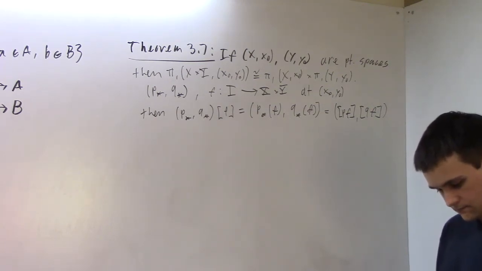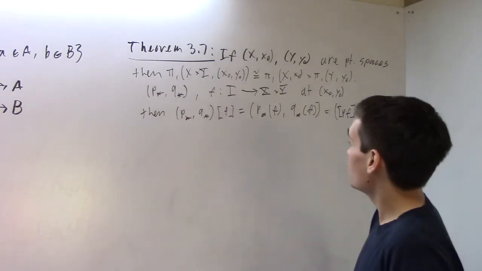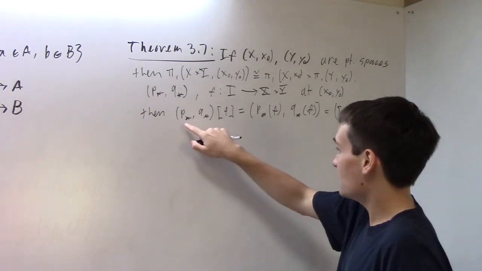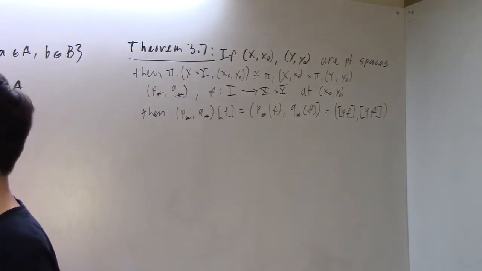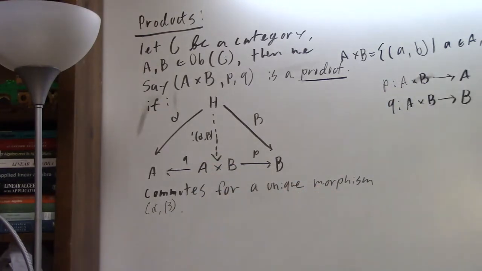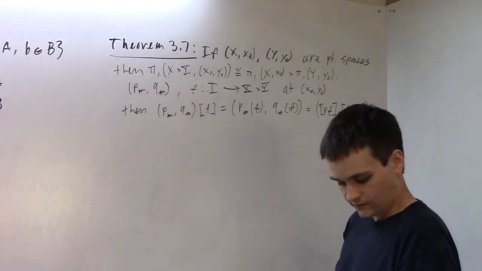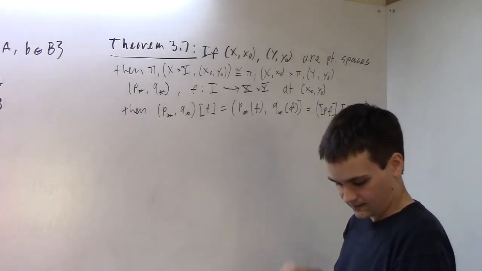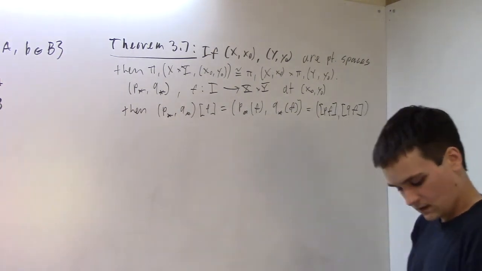So this is a homomorphism just by virtue of the fact that P and Q are morphisms in the category Top, and therefore are continuous maps. π₁ is a functor, so it sends these to homomorphisms. So essentially all there's left to show is that this is in fact an isomorphism, then we've shown the theorem.